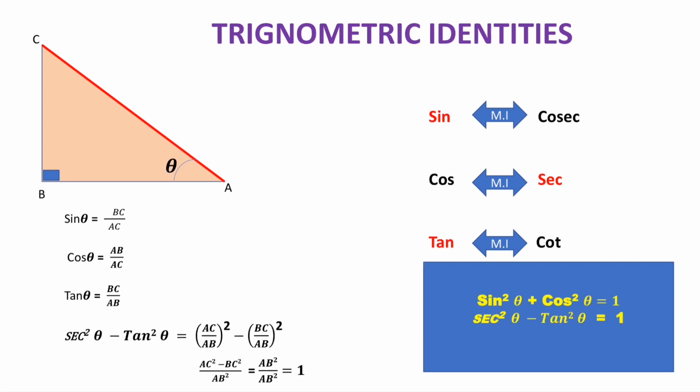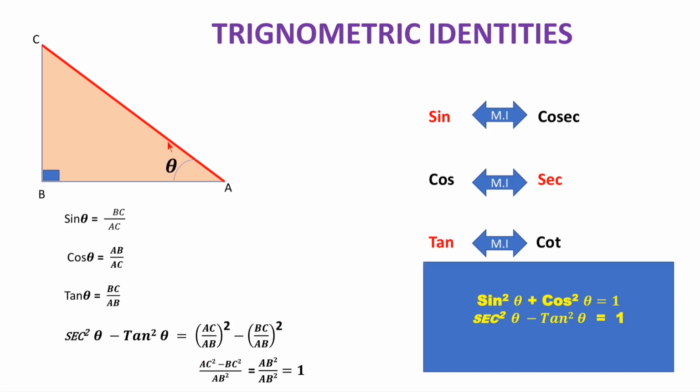Similarly, we can see secant square theta minus tan square theta. Secant is the multiplicative inverse of cos. So cos is AB by AC, so secant will be AC by AB. We write it as AC by AB whole square minus BC by AB whole square. Since the denominator is the same, we write the denominator as AB square and the numerator as AC square minus BC square.